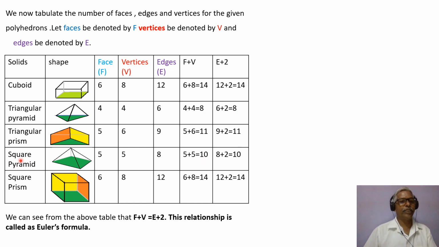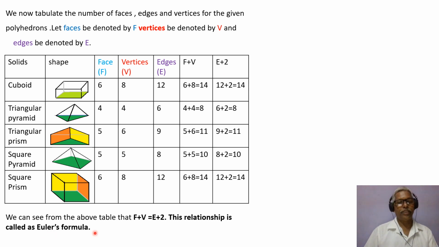So we will see this square pyramid. Faces 5, vertices 5, edges 8: count 4 at the base and 4 here. F plus V is 5 plus 5, which is 10, and E plus 2 is 8 plus 2, which is 10 again. And square prism: face is 6, vertex is 8, edge is 12. 6 plus 8 is 14, and E plus 2 is 12 plus 2, which is 14. So F plus V is equal to E plus 2.